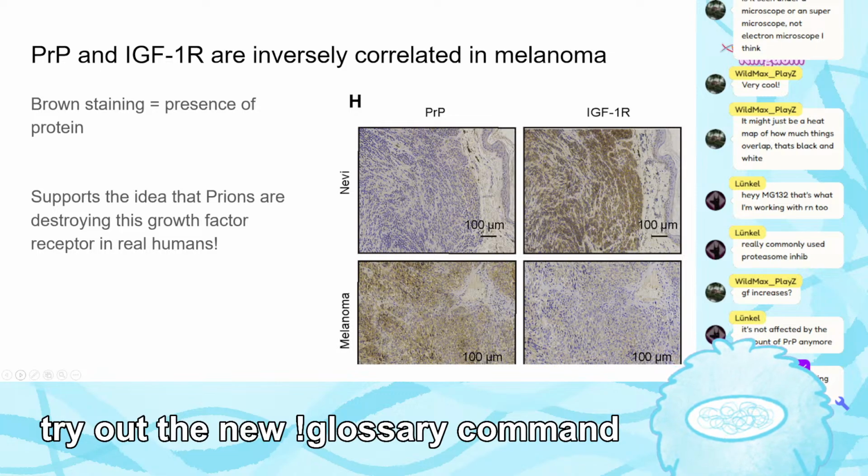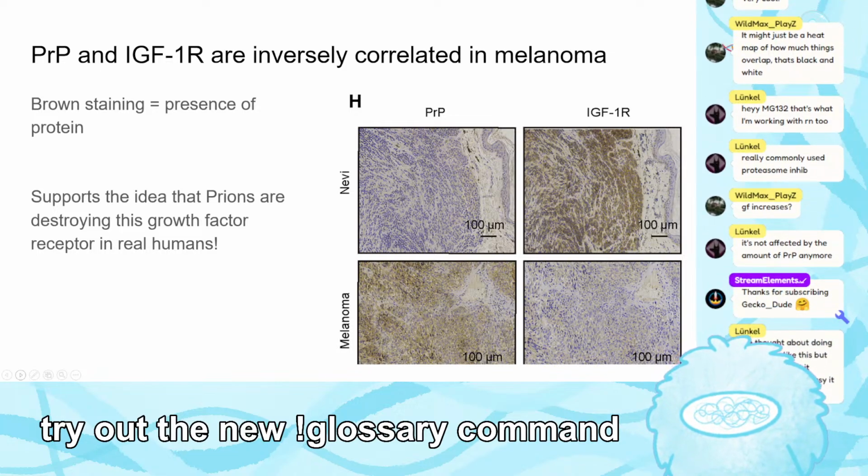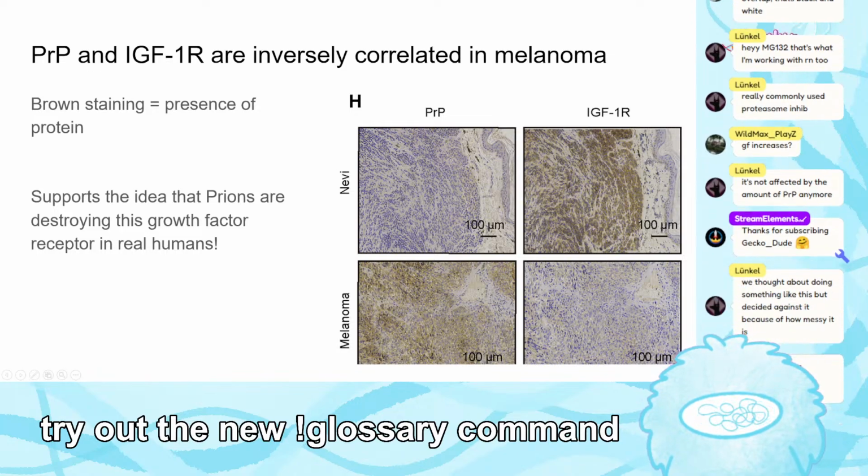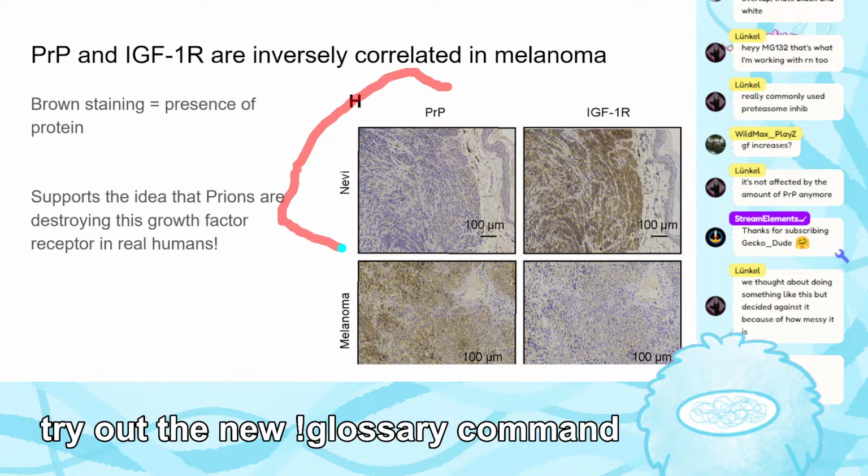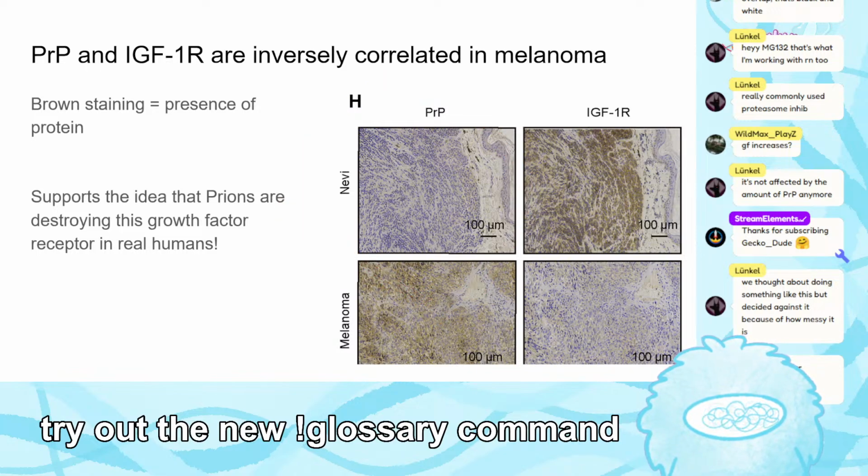So now we're going to scope back out to the in vivo stuff. In vitro, you were playing in a dish a lot. Now we're going to see if what we learned in the dish applies to stuff that is closer to a real person. Brown here in this pathology image is the presence of protein. We can see that in the healthy cell, there's not a lot of prion protein, and there's a whole bunch of this receptor.